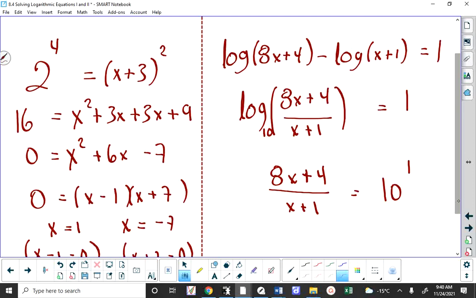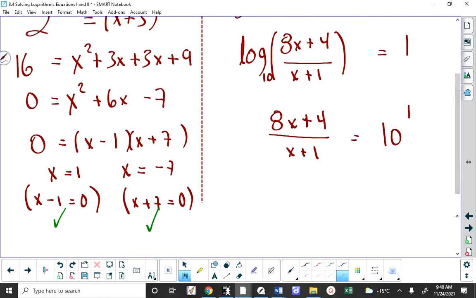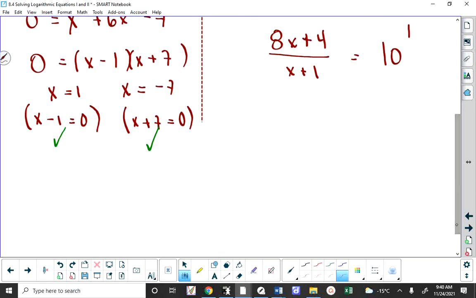We can solve this equation now. It's a rational equation, it turns out, but I'm going to just erase something and write this a little bit differently. We have equals 10 to the 1 over 1, so this qualifies for cross multiplication. In a more general sense, what we're going to do is multiply both sides of the equation by that denominator to eliminate that denominator.